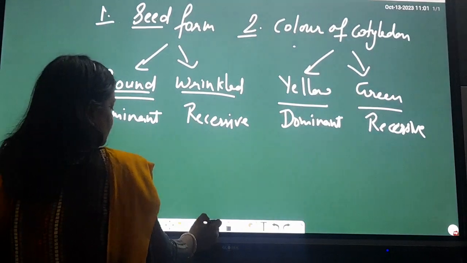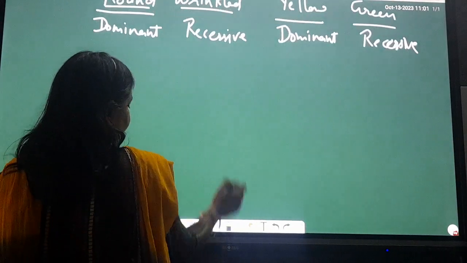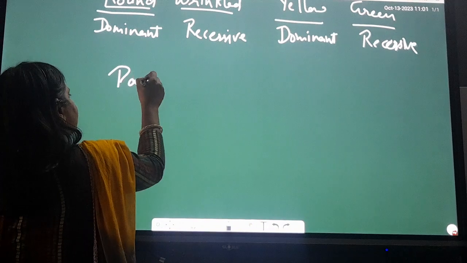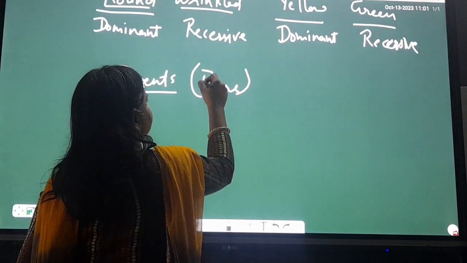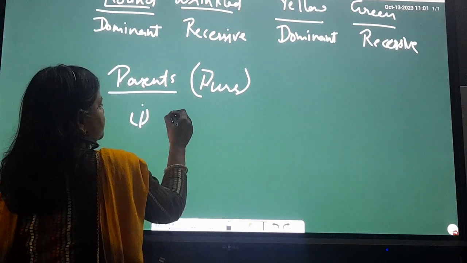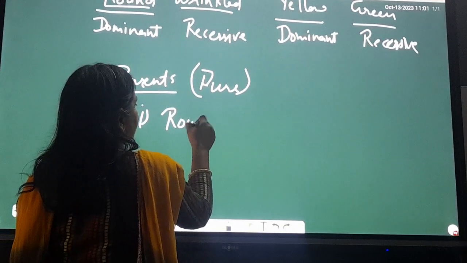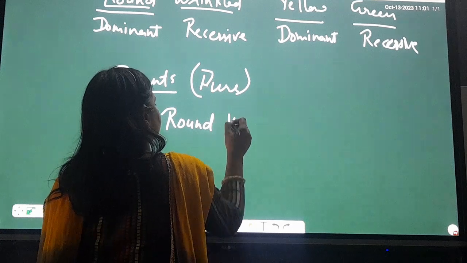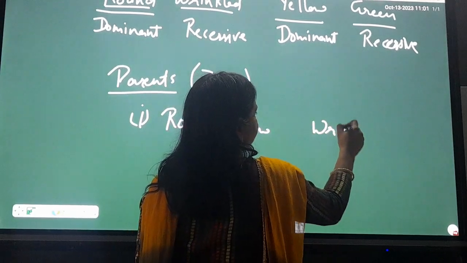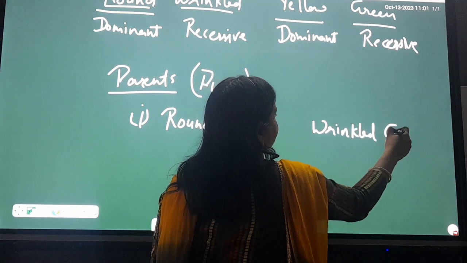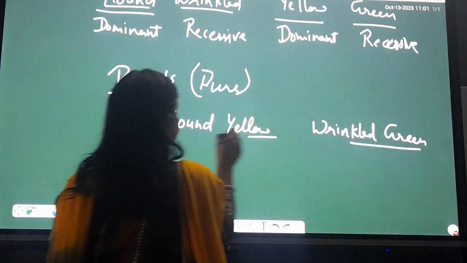So, for his experiment, he took the parents in pure form. One parent was round and yellow, and another was wrinkled and green.